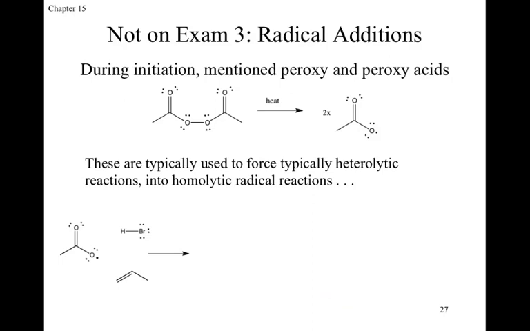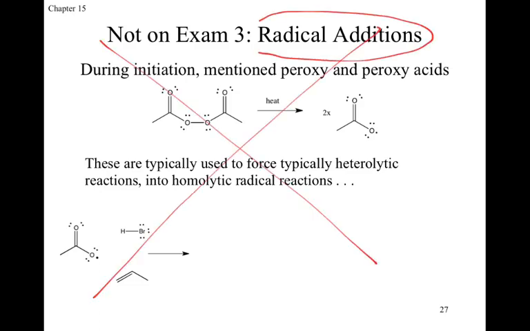We're just not going to worry about this slide at all. It is in chapter 15, so if you see radical additions popping up, or HBr showing up as one of the reagents, then you can ignore that section within chapter 15. I will set up a separate lecture introducing addition reactions that I'll expect you to watch after the exam.